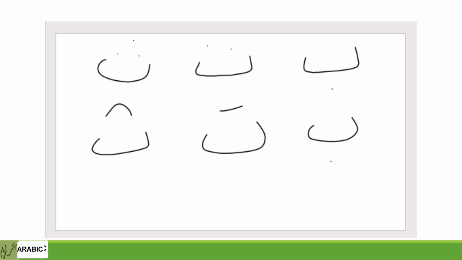Instead of writing the three dots, you just link them and make this open triangle on top of the te. So let's give it one more try because we will also see how we can link them, or join them, to other letters in the same word.